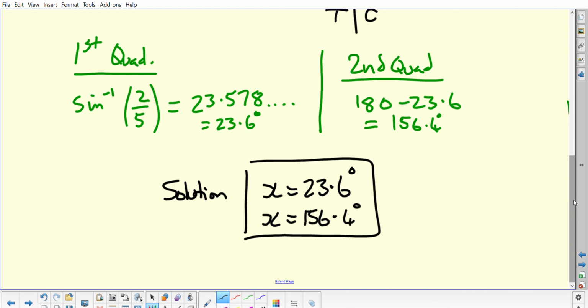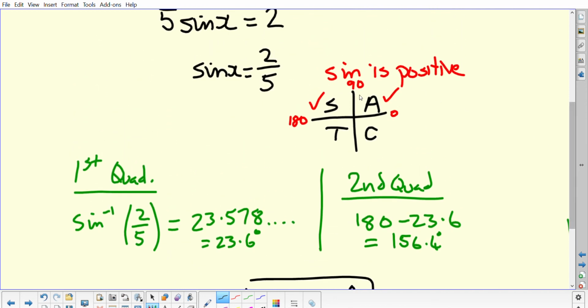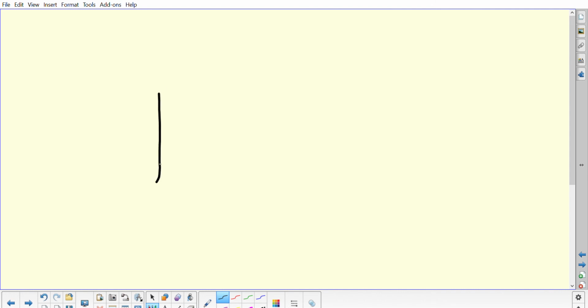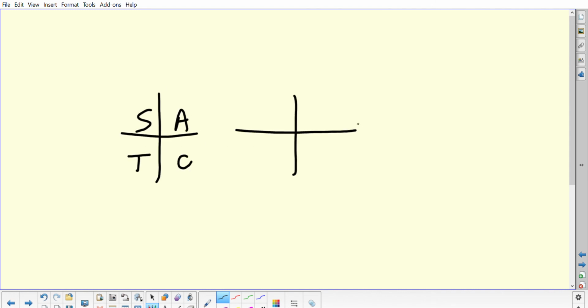So now it's time for you to practice this. Please make sure you draw the little CAST diagram and that you use, in summary, the two things you should be using: the CAST diagram and also the related angles.